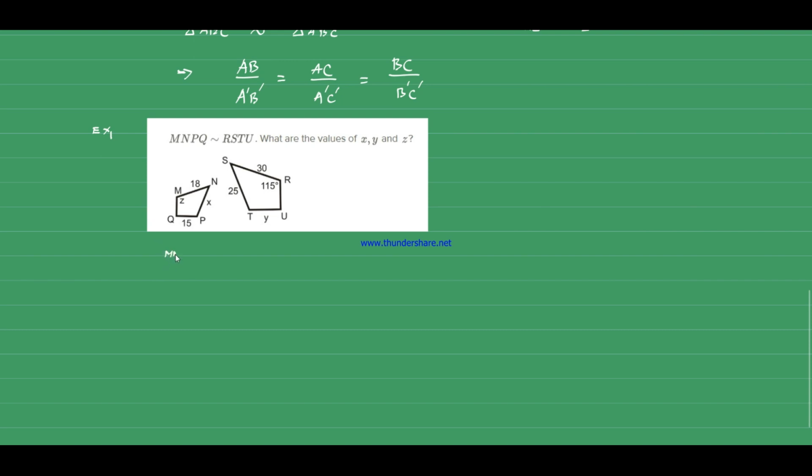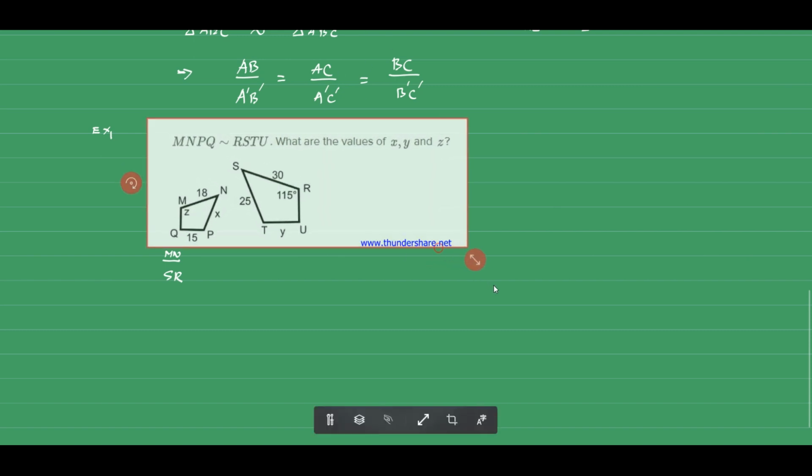MN is the smaller one and this is the bigger one. So we have MN over SR. Well, I have to say that the shape over here is not quite clear, it's hard to determine which one is which.